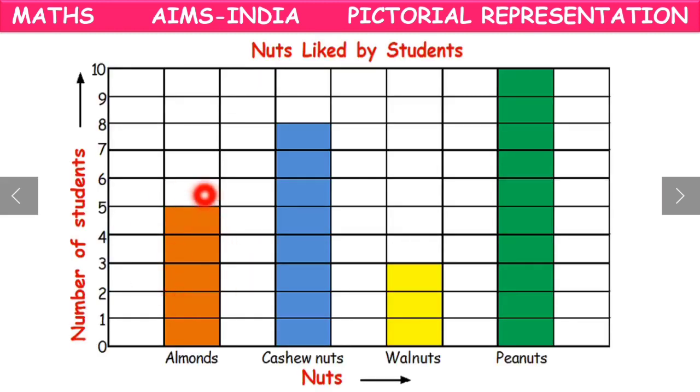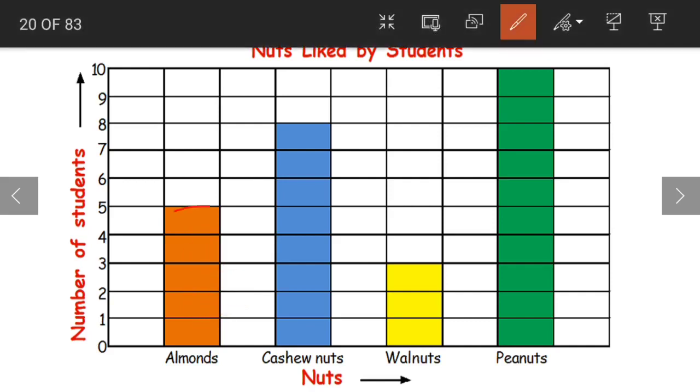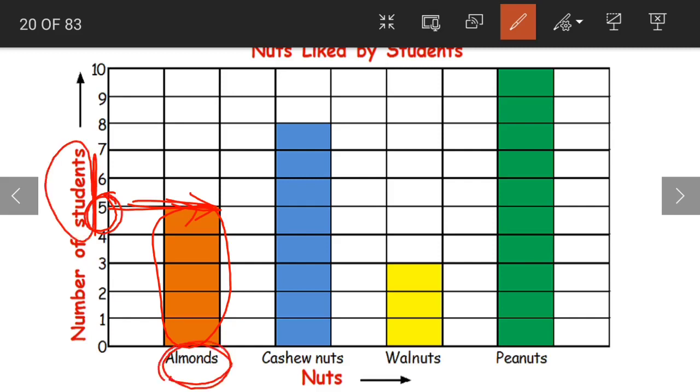Yes, so what does this bar tell us? What does this bar mean? It means the number of students who like a particular nut. For example, this orange bar says that 5 students, it is stopping at 5. So 5 students like which nut? Almonds. 5 students like almonds.